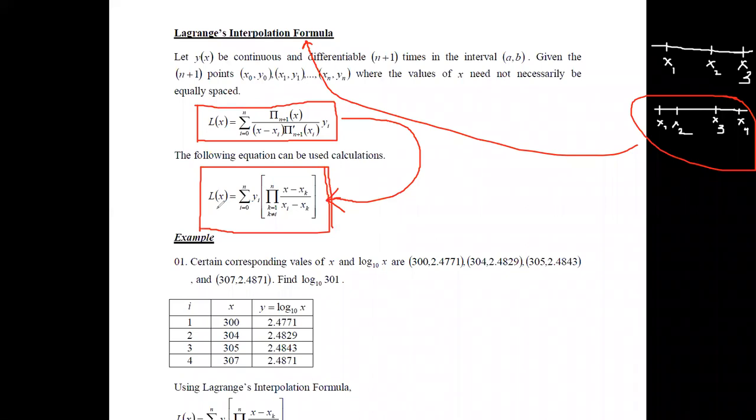Then L(x) is the interpolation formula, and this can be obtained as the sum, i going from 0 to n, of yi times the product, where k goes up to n and k is not equal to i, of (x minus xk) divided by (xi minus xk).